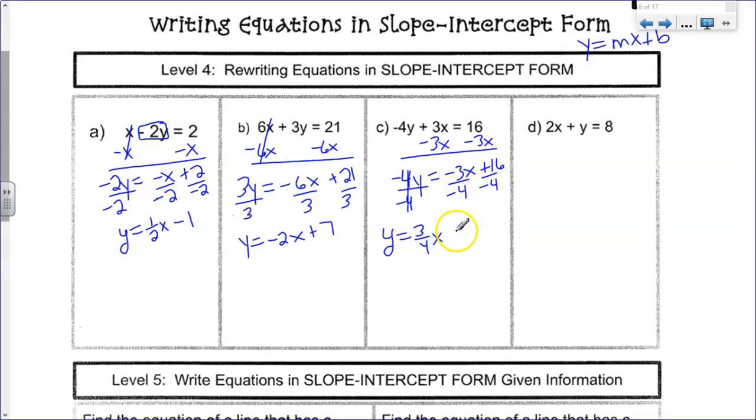And then 16 divided by negative 4 is minus 4. Okay, the last one, we just need to move the 2x. So we would subtract it, and we get y equals negative 2x plus 8. So slope-intercept form, there we have solving for y.